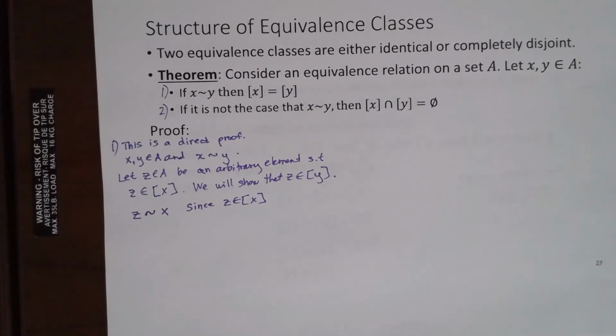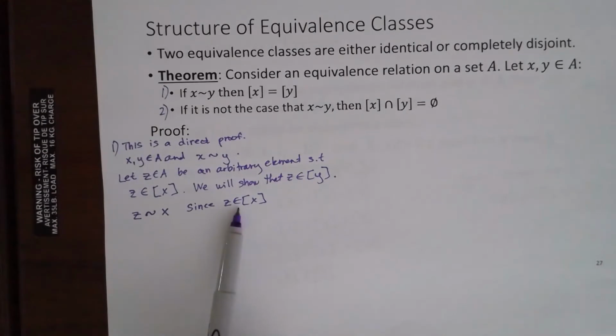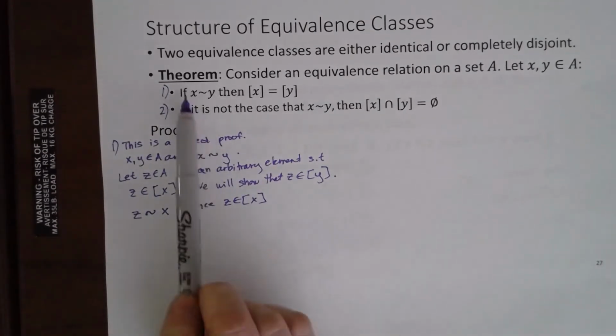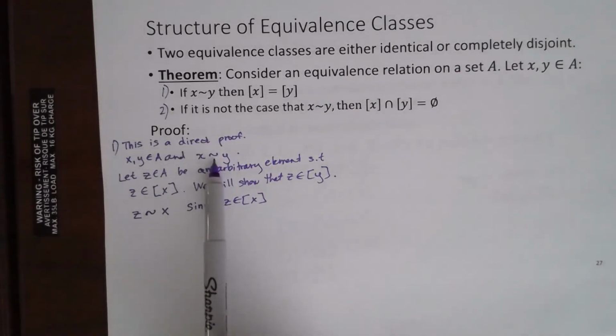And notice what we have. Z is related to X because it's in this set. And part of our hypothesis was that X is related to Y. And what are the properties of an equivalence relation? What three things?